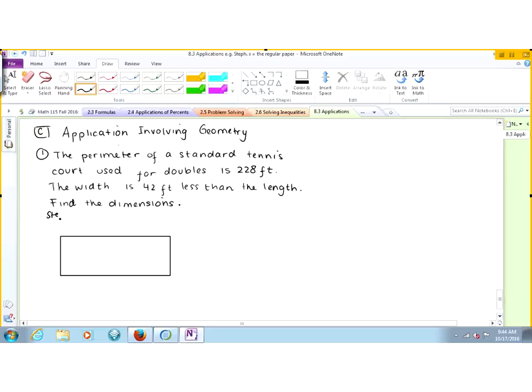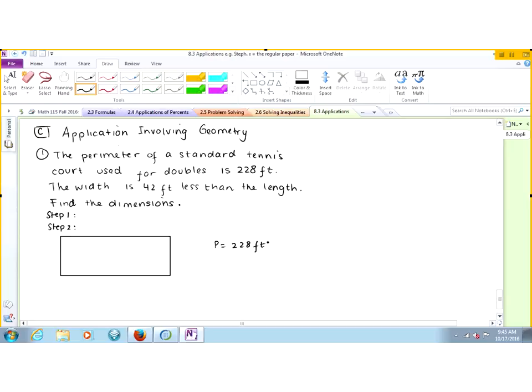What do we know about the tennis court? This is the drawing. We know the perimeter. The perimeter is 228 feet. And what else? The width is 42 feet less than the length.